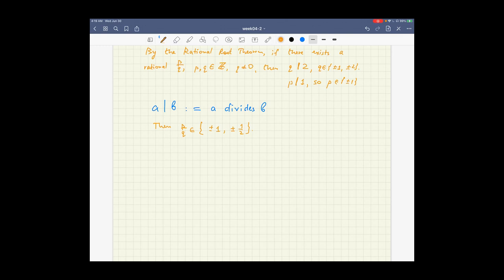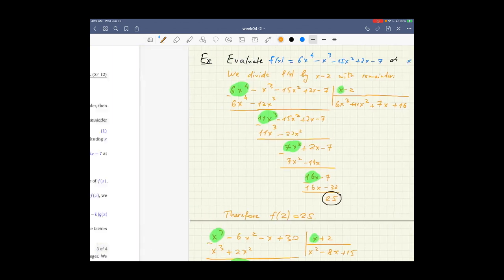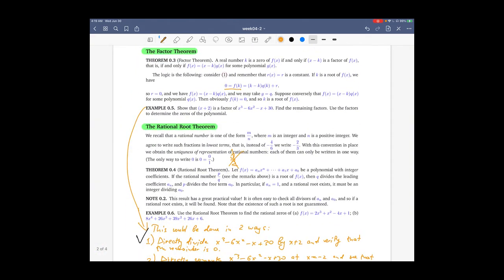Unfortunately, at this point, you have to check all these roots. You have to keep on checking all these roots until you find one that works. And remember that the existence of a rational root is not guaranteed. The theorem does not say that a rational root must exist. It only says that if one exists, its numerator and denominator must have these interesting properties.